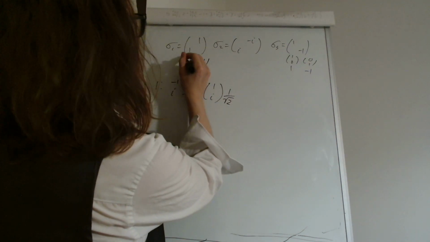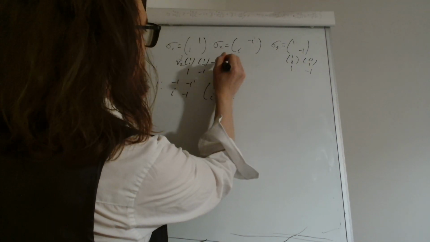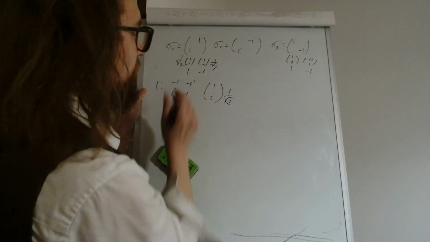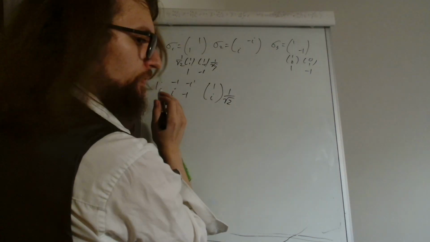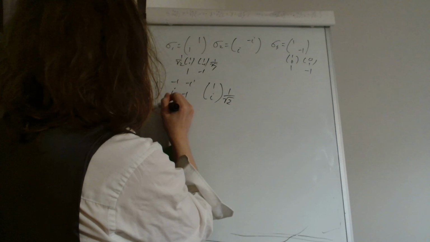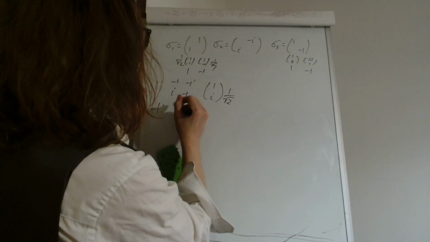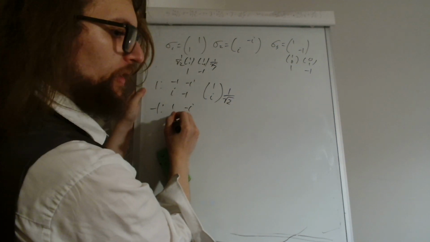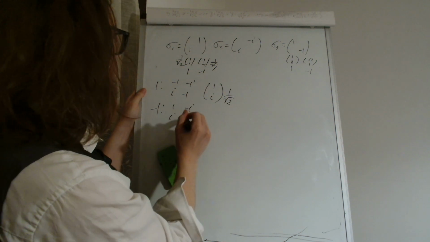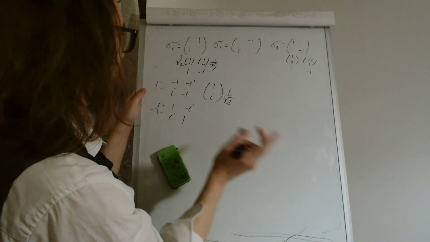Same thing for these two vectors we have found before for sigma 1, and then we have this for eigenvalue minus 1: 1 minus i. I'm checking if you can see.